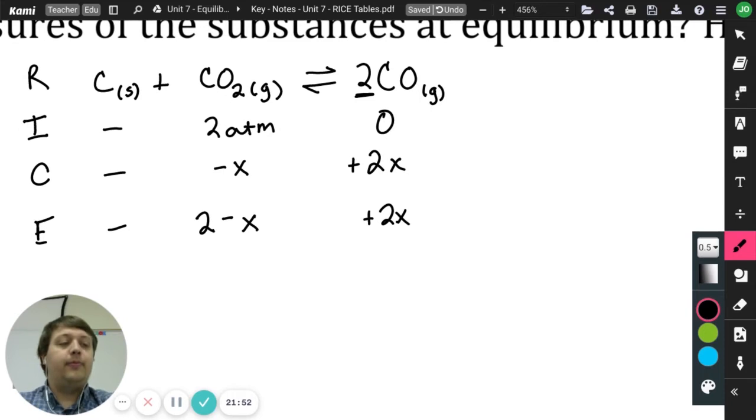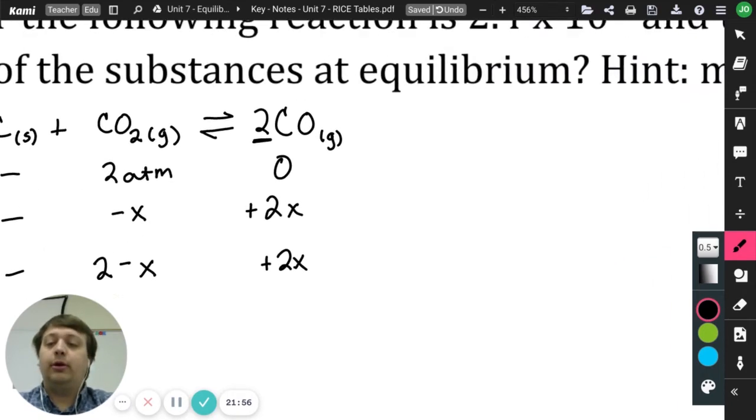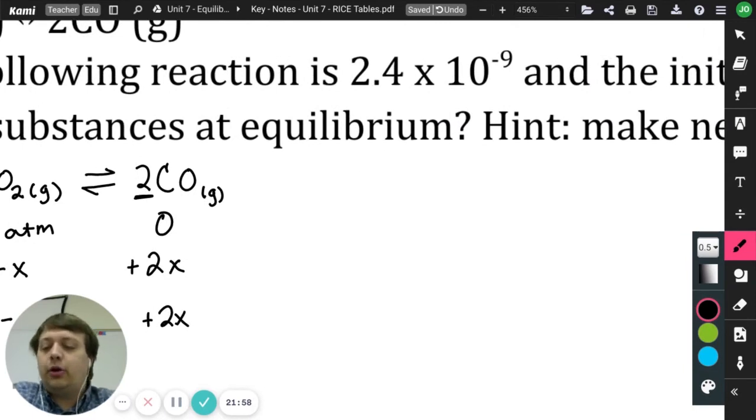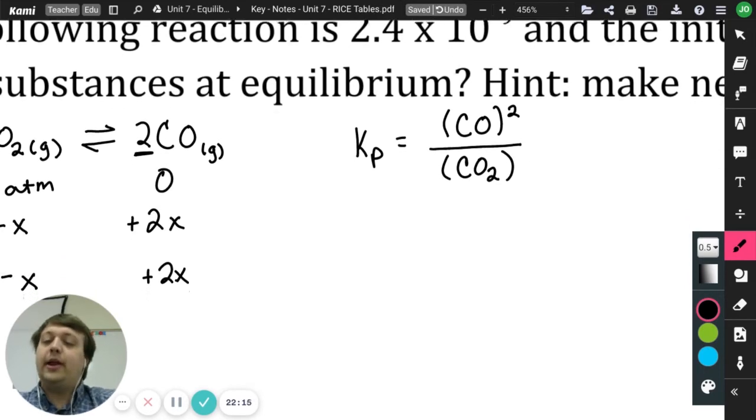So next thing that we would do is write our equilibrium expression. I know that Kp equals the pressure of CO squared divided by the pressure of CO2, but it is not squared. Okay, and then I'm going to go ahead and plug in my numbers.